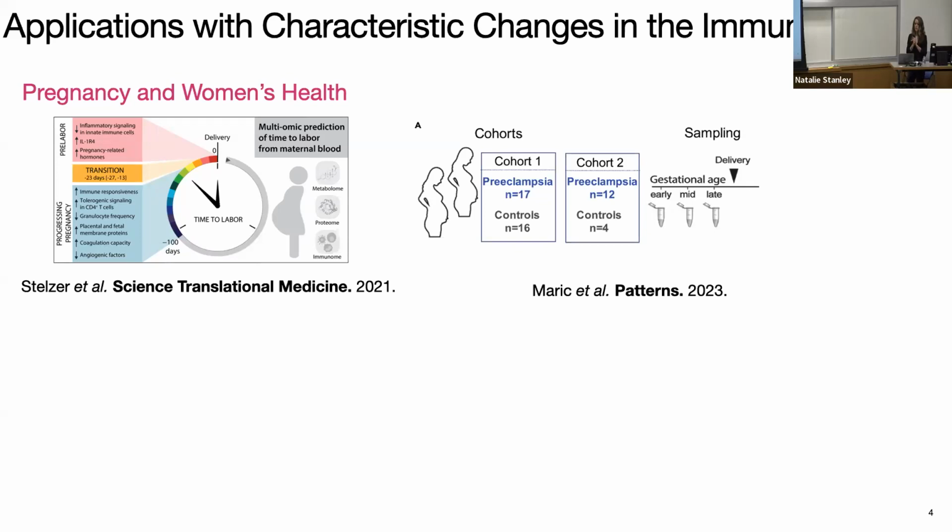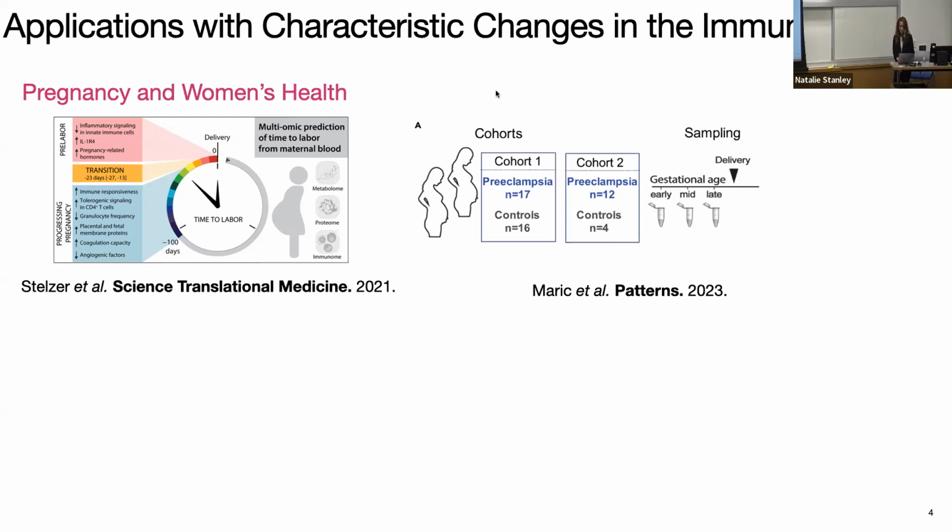There we looked at a couple of problems, such as what happens to the immune system in a woman while she's pregnant. And it turns out there are a lot of very characteristic changes in the frequencies and functions of particular immune cell types. So for example, how many granulocytes do you have? This will change as a function of your gestational time.